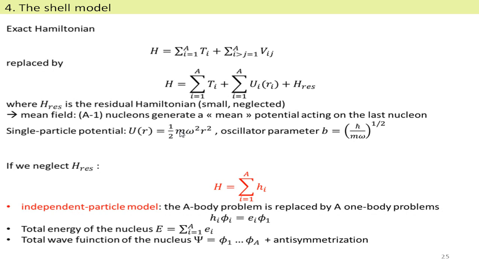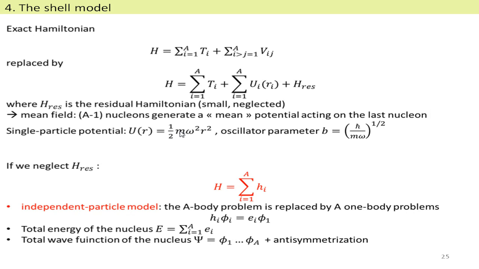So we replace this complicated two-body term by a one-body potential. So we assume that the effect of the nucleons on a specific nucleon can be simulated by only one term, which is the mean field potential. And then there is a residual Hamiltonian here, which we suppose to be small.